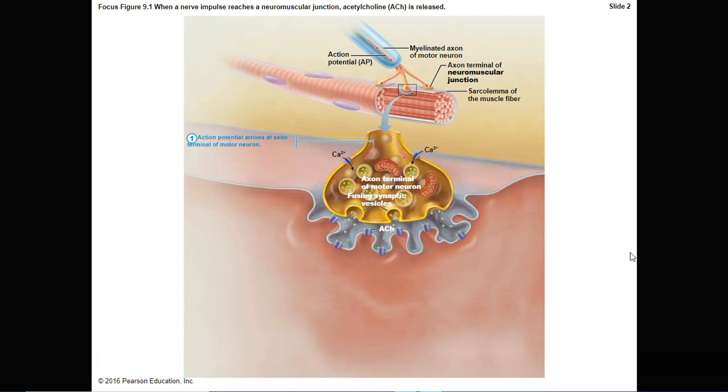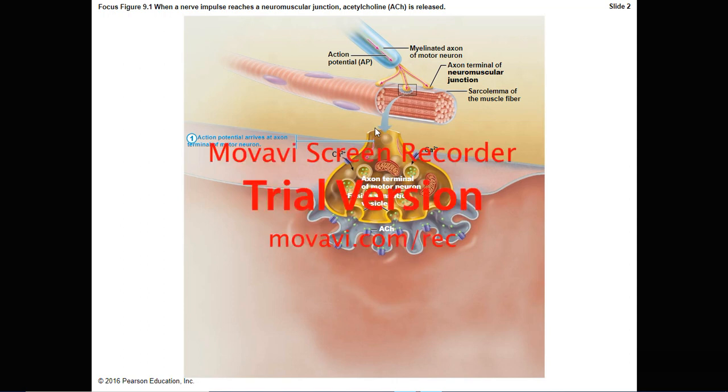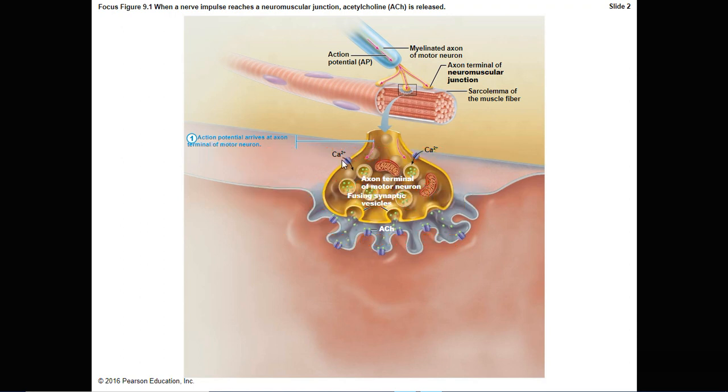And we're going to talk more about the role of calcium, but calcium is actually playing two roles. So with this, you have an action potential arriving at the axon terminal of the motor neuron. And then right here, these voltage gated calcium channels open, and then calcium enters the axon terminal, which causes the acetylcholine to be exocytosed.